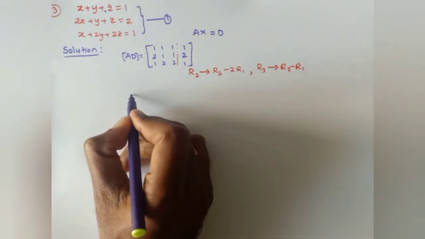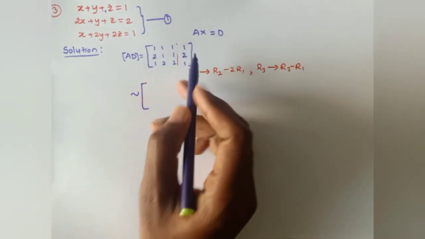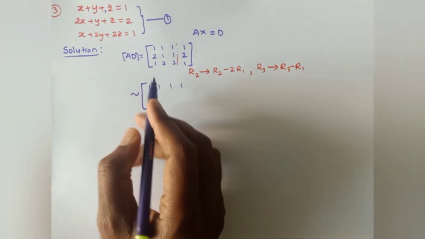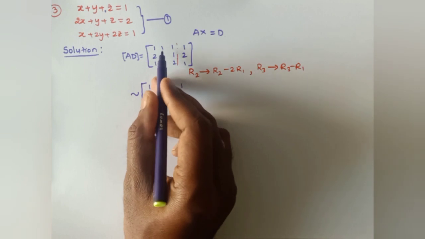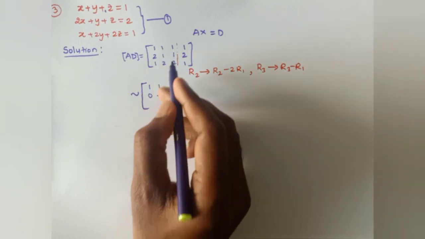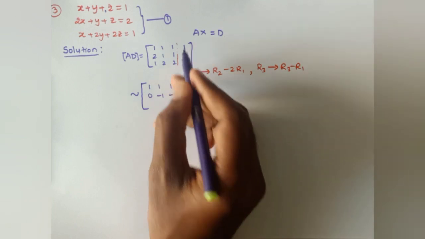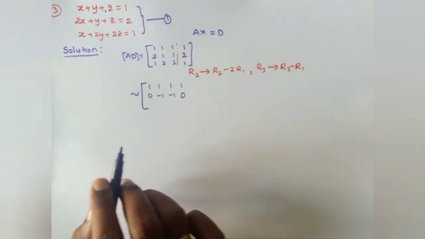So we get the resultant augmented matrix: no change in row 1, row 1 is as it is, 1, 1, 1, 1. Now there is a change: 2 minus 2 is 0, 1 minus 2 is minus 1, 1 minus 2 is minus 1, 2 minus 1 into 2 is 0. So the row 2 operation is completed.